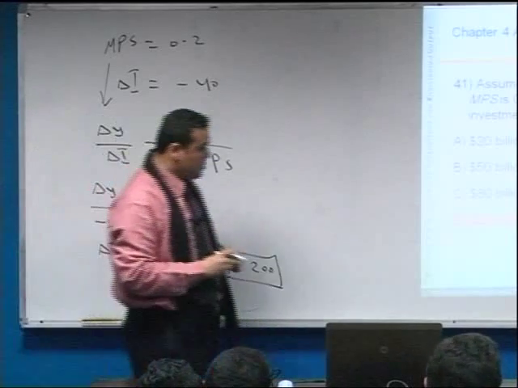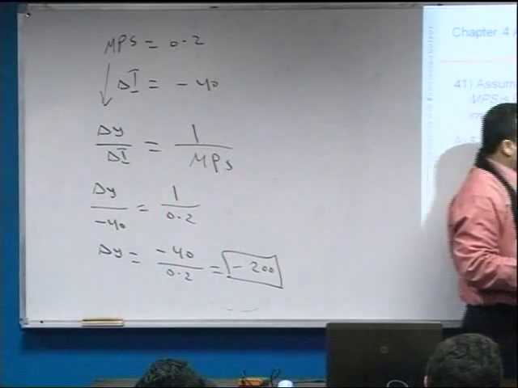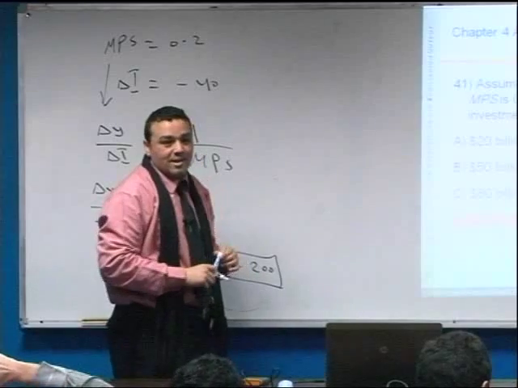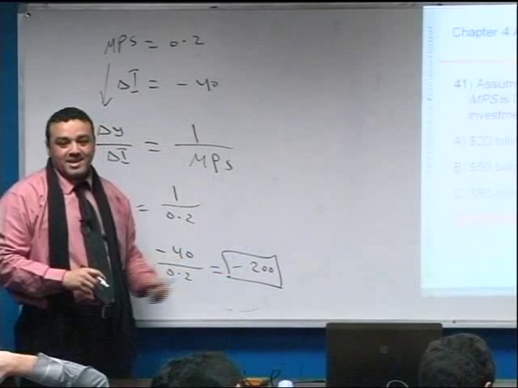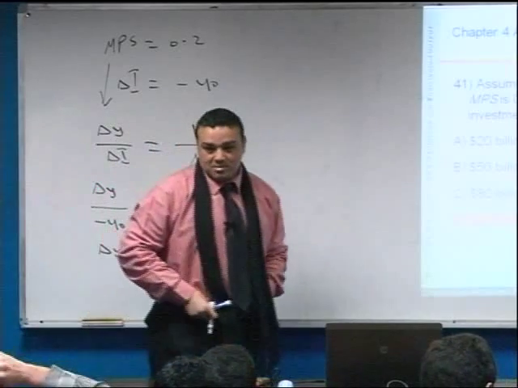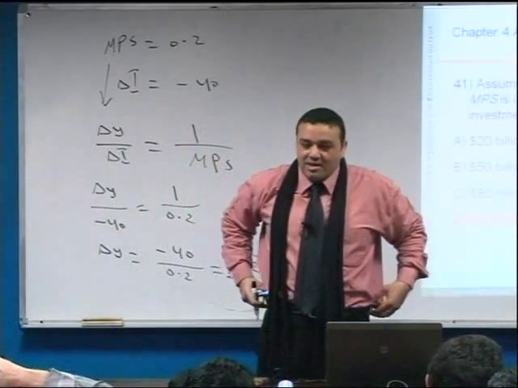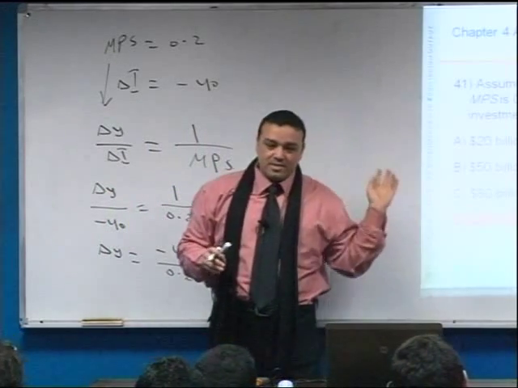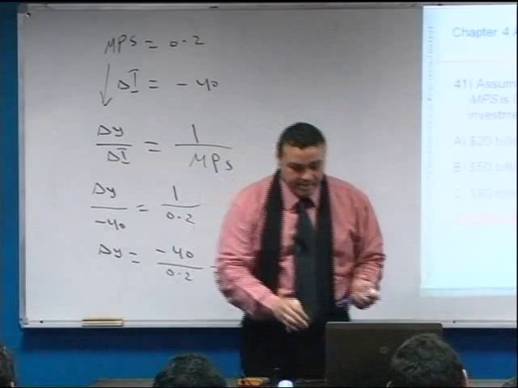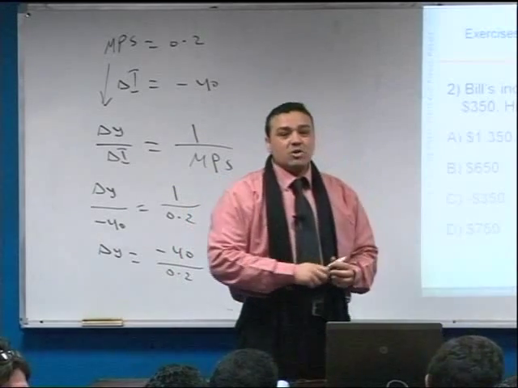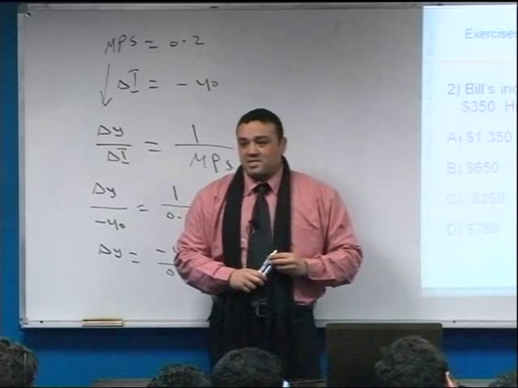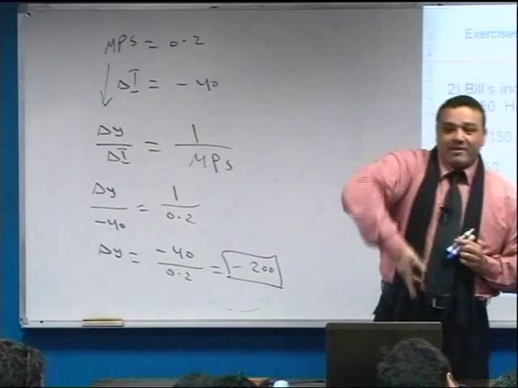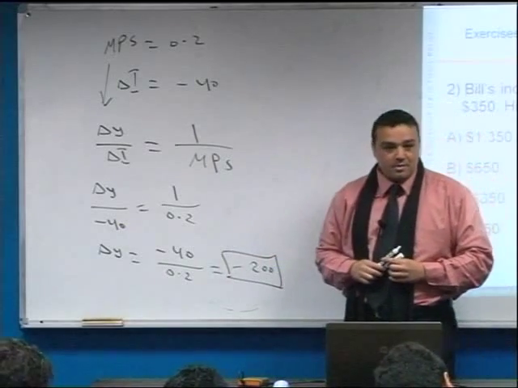So we expect a decrease in the aggregate output by $200 billion. We are not talking about the government; we don't have a government here. Okay, let's take some exercises from chapter 5, where we add the government and the aggregate expenditure.